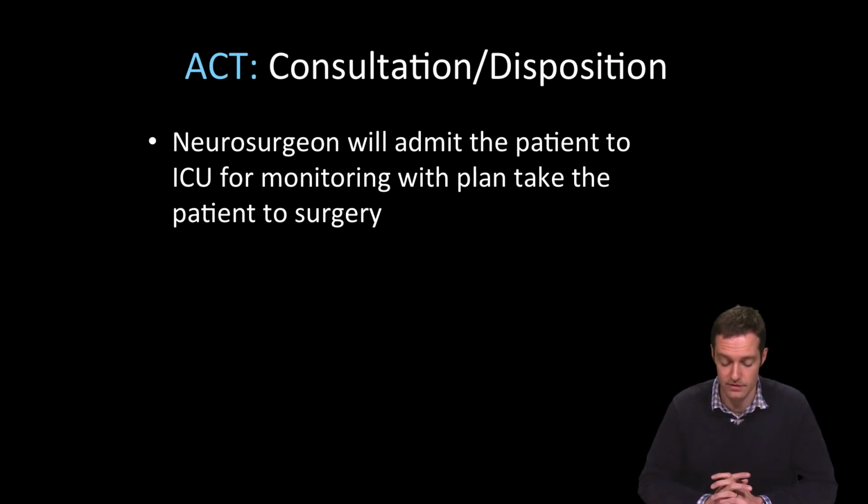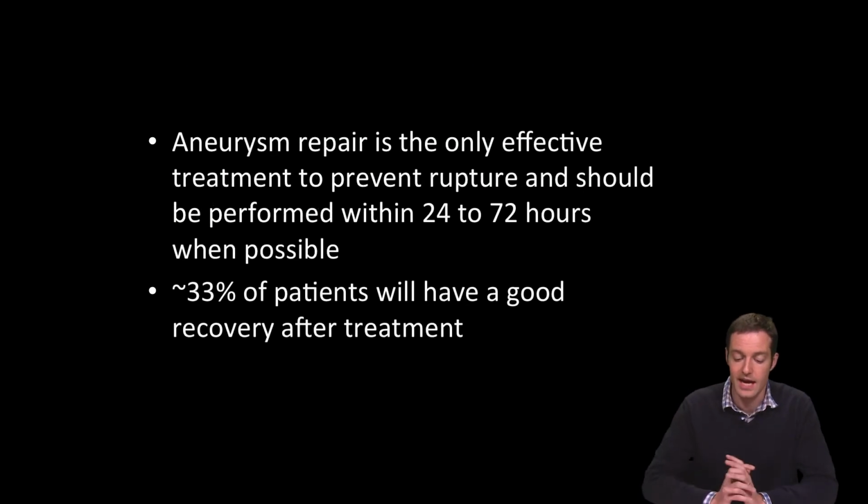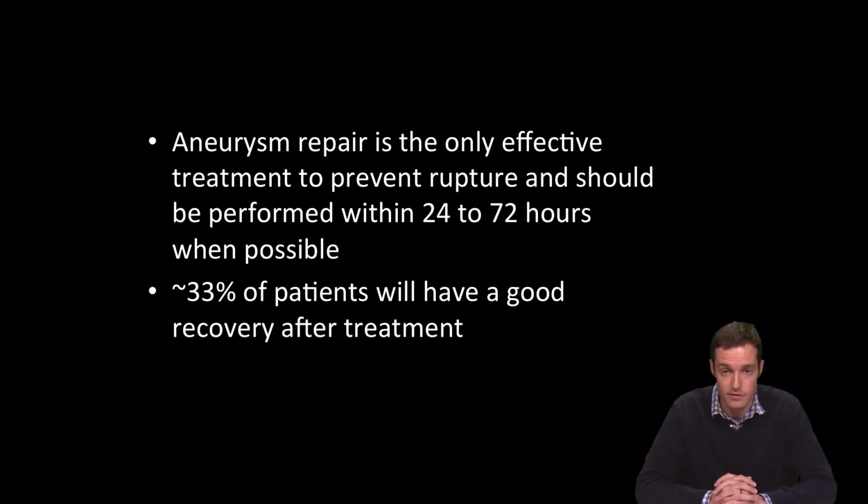for definitive intervention. Now, aneurysm repair for subarachnoid hemorrhage is the only effective treatment that's been proven to prevent rupture and further brain damage, and should be performed within 24 to 72 hours when possible.